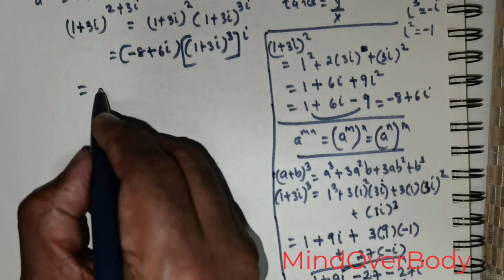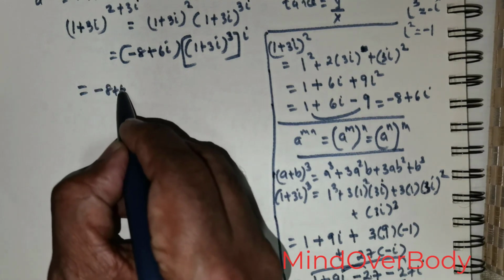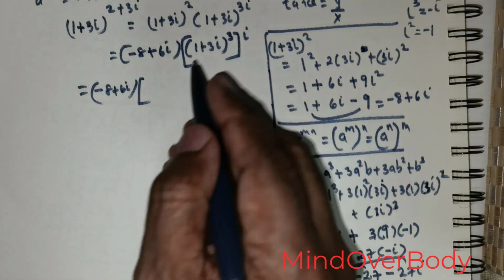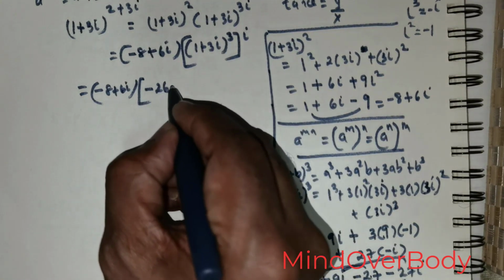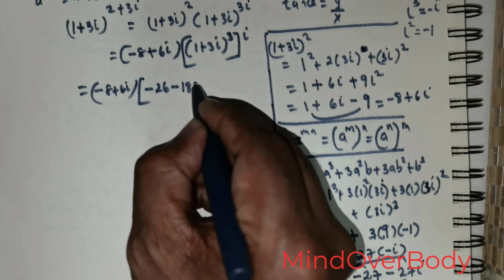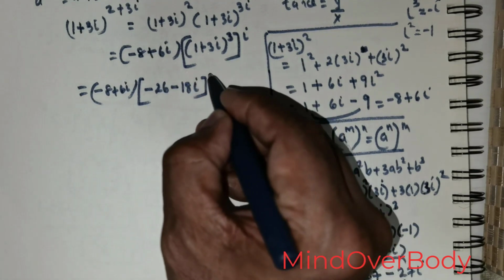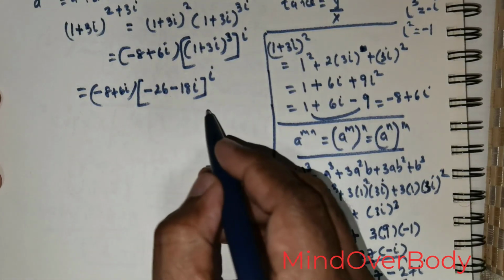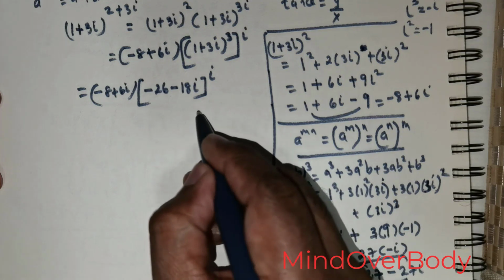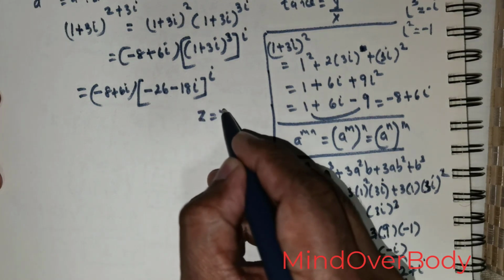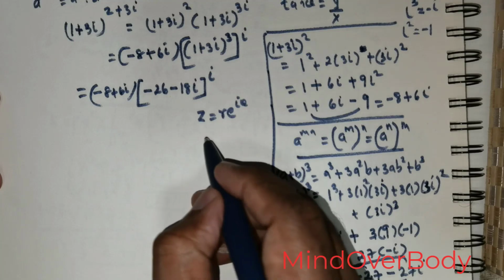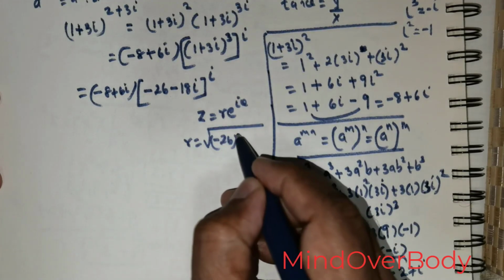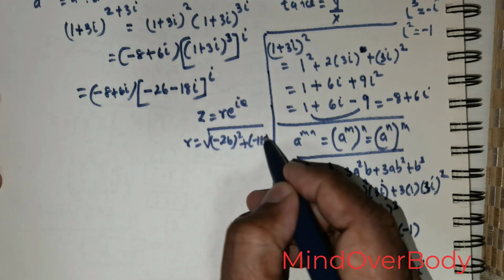So this is going to be equal to negative 8 positive 6i times, in place of (1 + 3i) whole cubed, I'm going to rewrite that as 26 negative 18i, raised to the power i. This is what I've got. Now this is a complex number, right? So by definition I can rewrite this complex number as r times e to the power i theta, and r is going to be equal to the square root of negative 26 squared plus negative 18 squared, right?